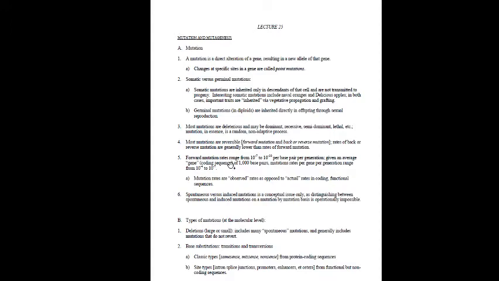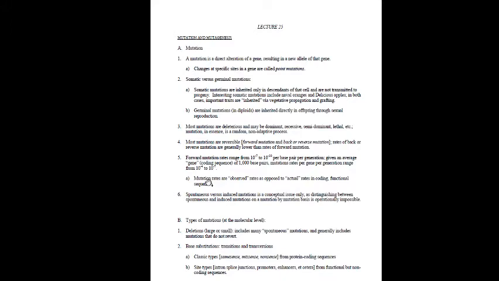Now the forward mutation rate ranges from 10 to the power minus 7 to 10 to the power minus 10 per base pair per generation. Given an average gene of 1000 base pairs, mutation rates per gene per generation range from 10 to the power minus 4 to 10 to the power minus 7.